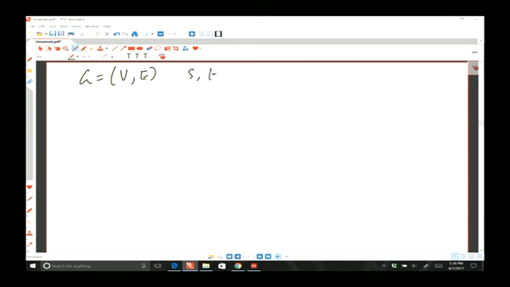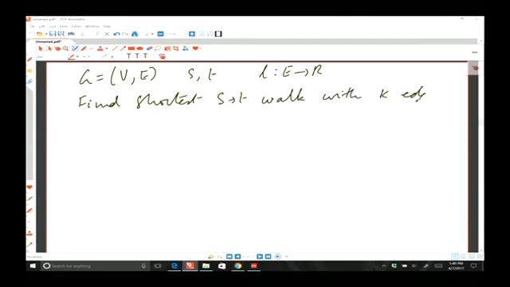Edge lengths can be non-negative also here, I'm not even constraining it. Find the shortest ST walk with at most k edges, say. Somebody asks you that.